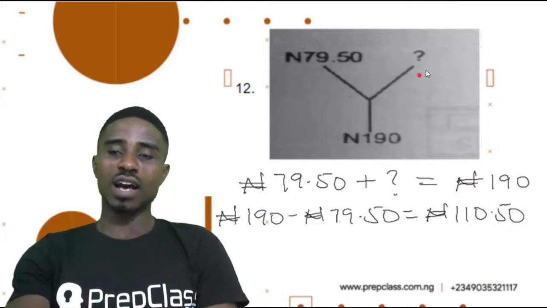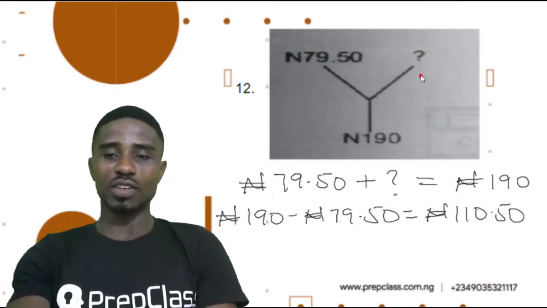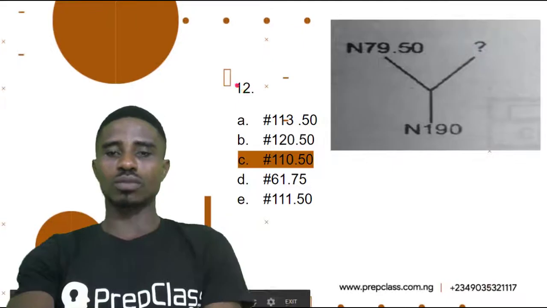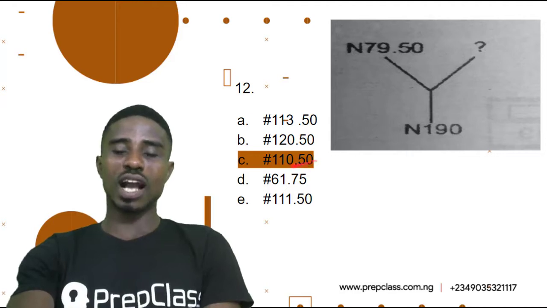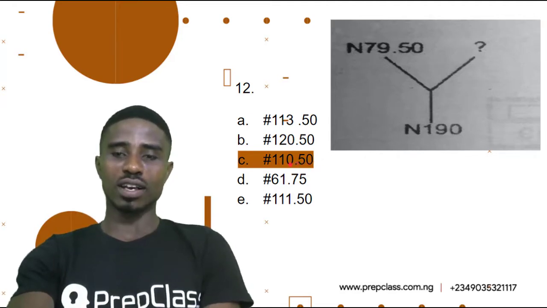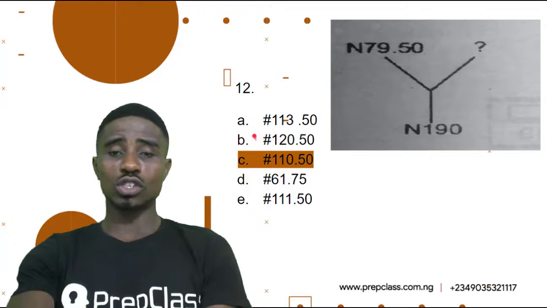So our correct answer will be 110 naira 50 kobo. Let's check it out. Number 12, option C, 110 naira 50 kobo is actually our correct answer. Let's look at the next question.